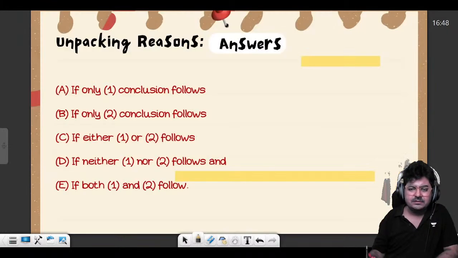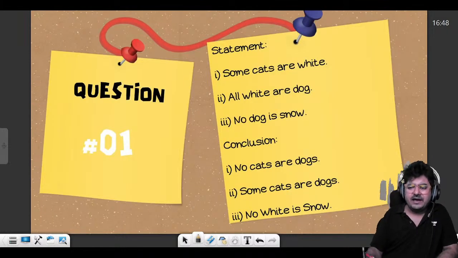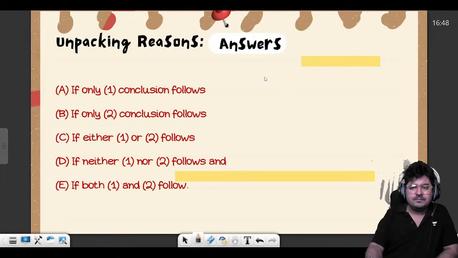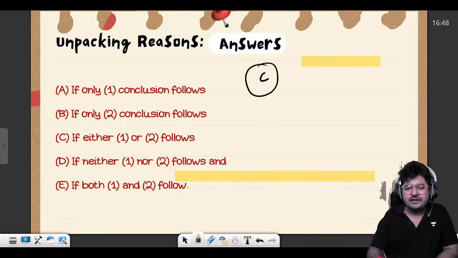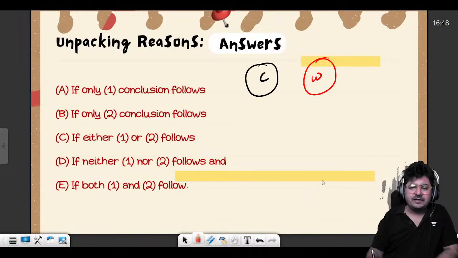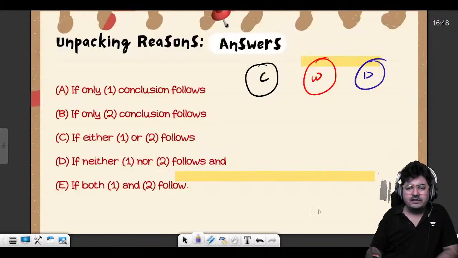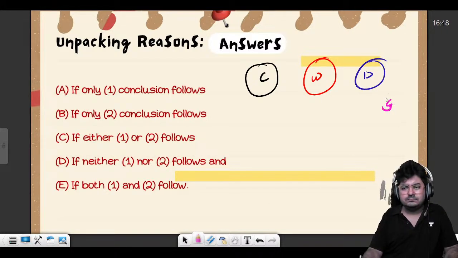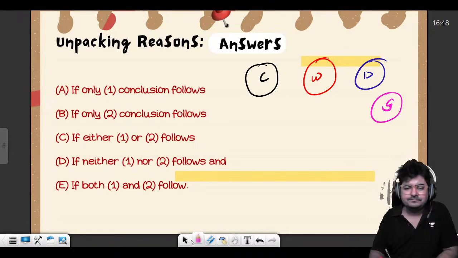So let's see. Some cats are white. So let's say cats we are representing by black, white we are representing by red, dog we are representing by blue, and snow we are representing by pink.